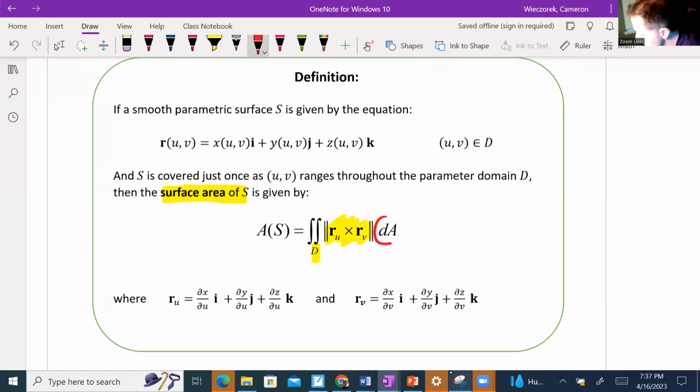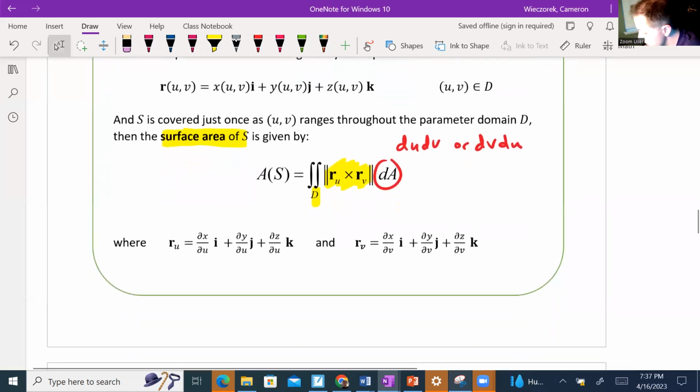And this dA is either du dv or dv du, depending on which way you integrate. r_u and r_v are defined as we did on the previous page. That's just the vector of partials of r with respect to u and v.